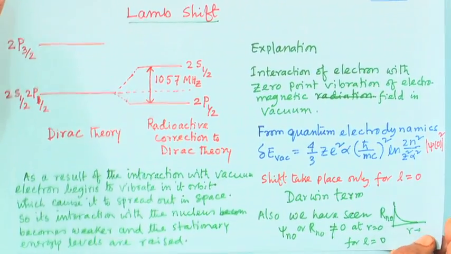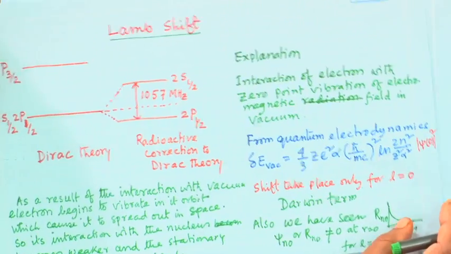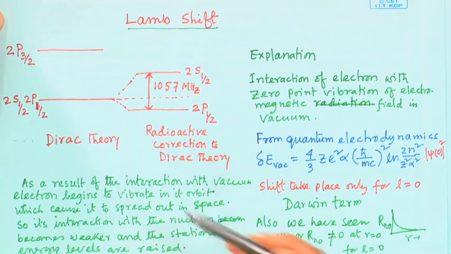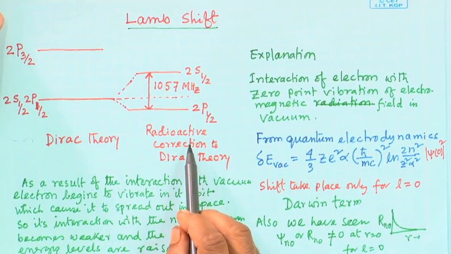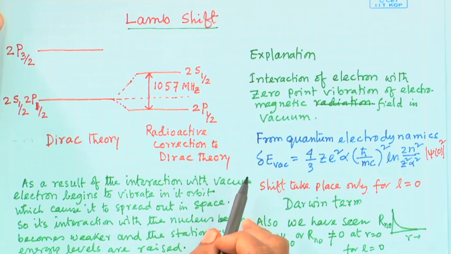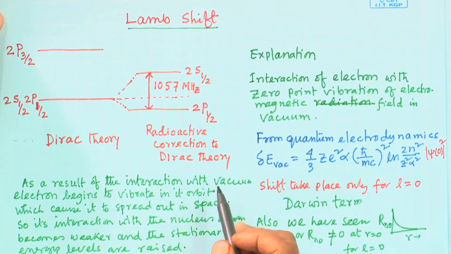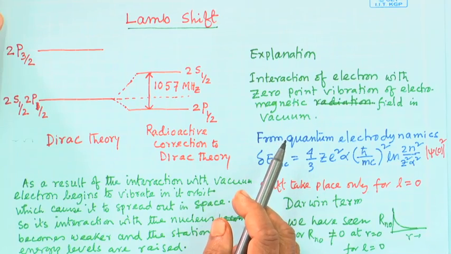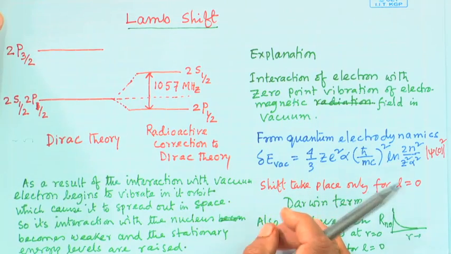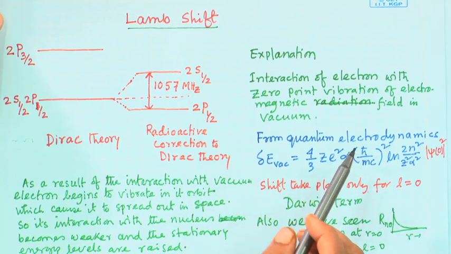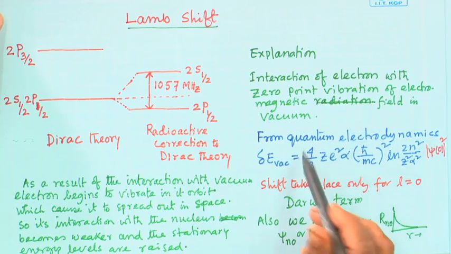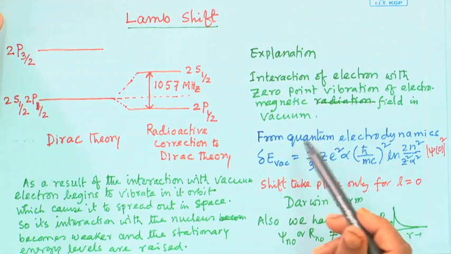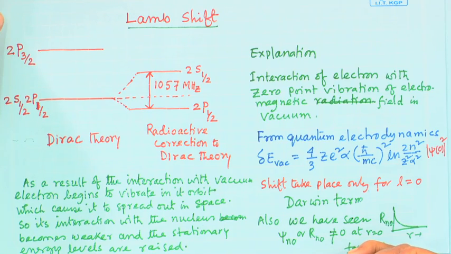But just let me tell you the explanation. This type of shift, as I told, comes from radiative correction, radiative interaction. The explanation is that this shift is due to the interaction of the electron with the zero point vibration of the electromagnetic field in vacuum. What does it mean?